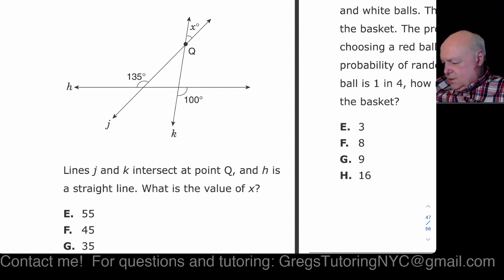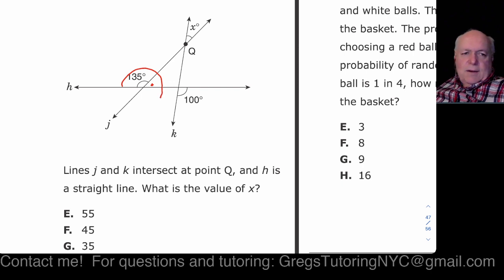So I am going to play off of the rule that things make 180 degrees. First of all, that means we're going to solve this angle right here, which means this 135 plus that is going to be 180. Whoops, that line went too far.